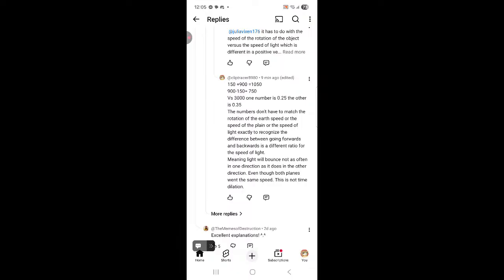And compared to the speed of light, they are different ratios to the speed of light.